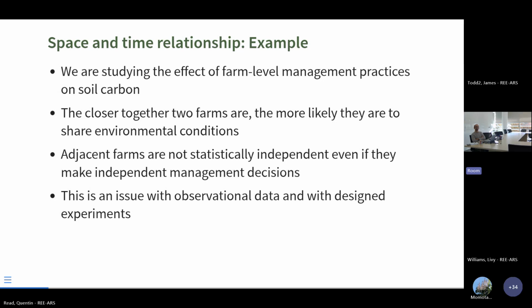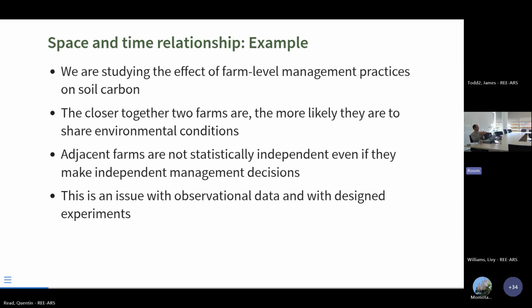And we might want to replicate our observations or our manipulations on many farms to make a general, broader inference about how these management practices work on all farms. We want to have replication and randomization because that's how studies should be designed. Well, you might locate the farms for your study in some geographic area.